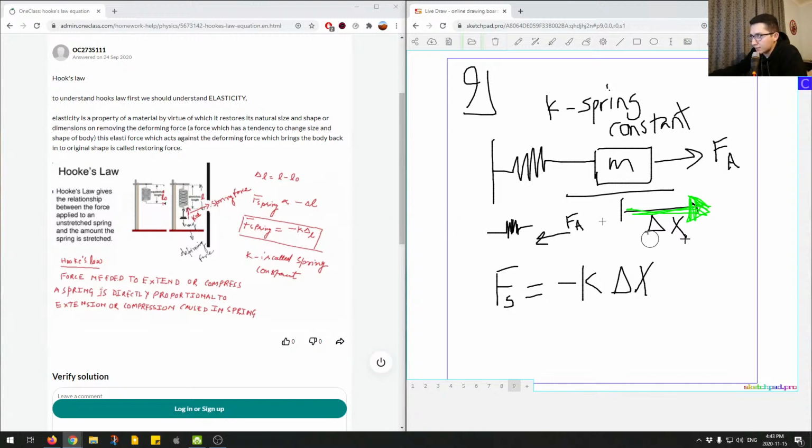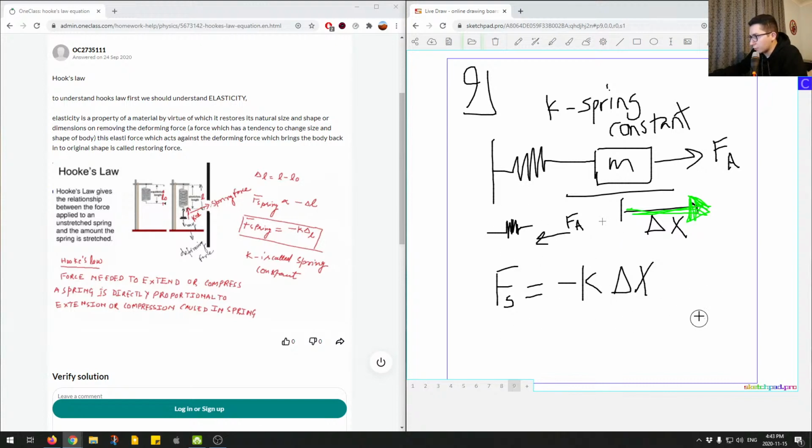The left is negative, the right is positive. Therefore, if we have a negative delta x over here, it cancels out with this negative, and we end up with a positive spring force, or restoring force. And the restoring force will be pushing back, so it will be acting to the right side for this spring.